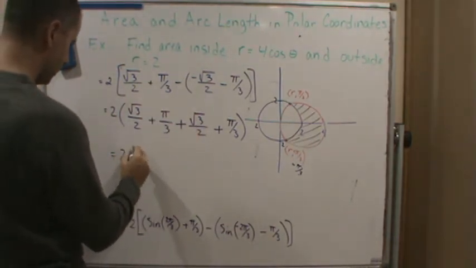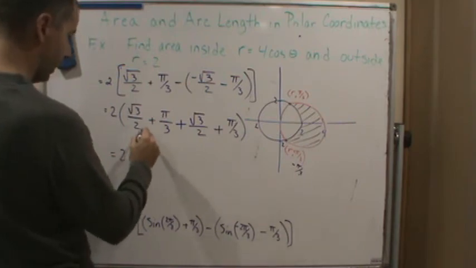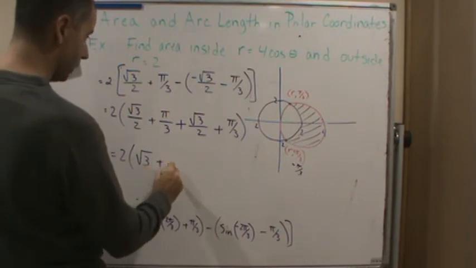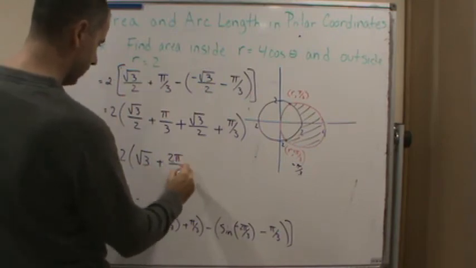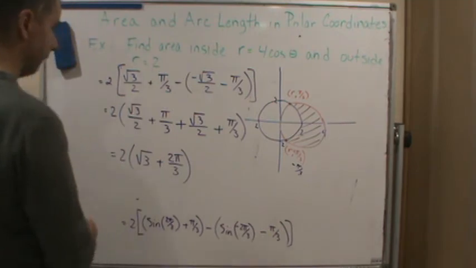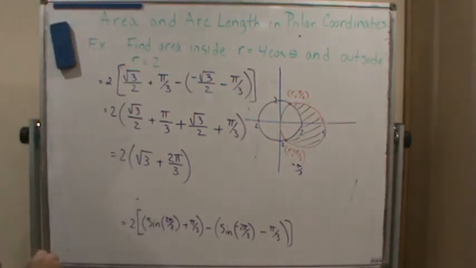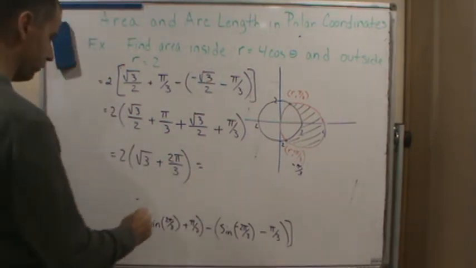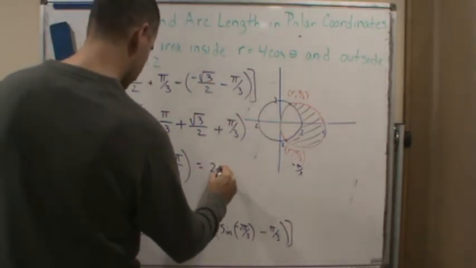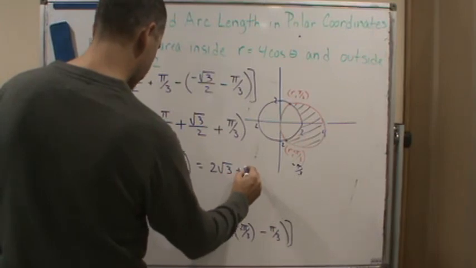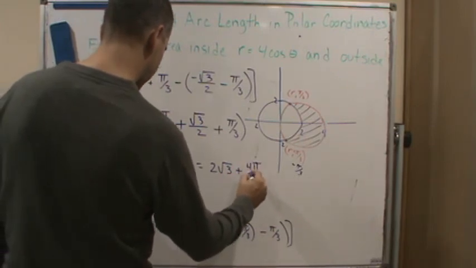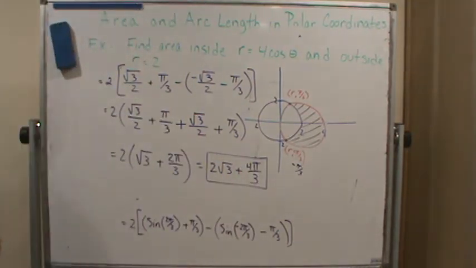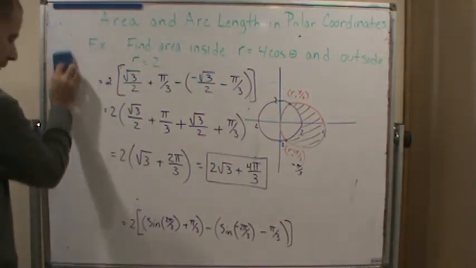I get 2 times the square root of 3 plus 2 pi over 3. And so this is going to end up giving me 2 times the square root of 3 plus 4 pi over 3.